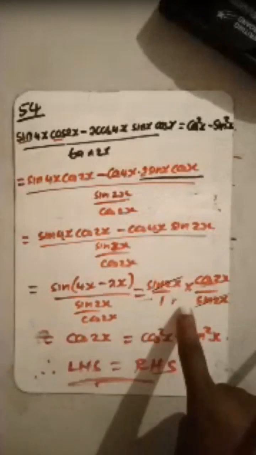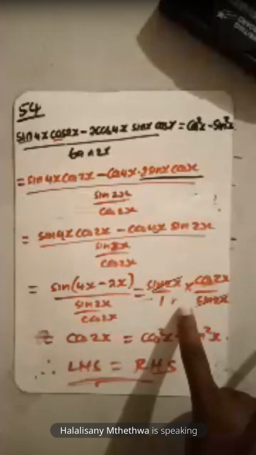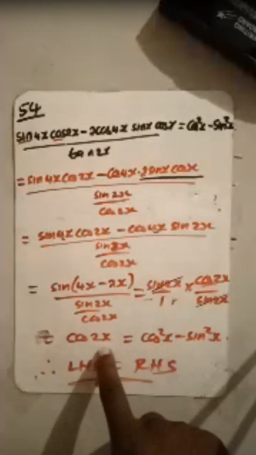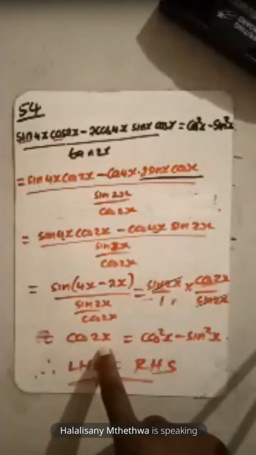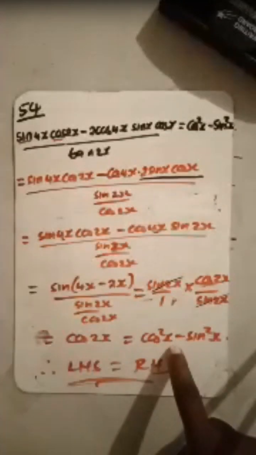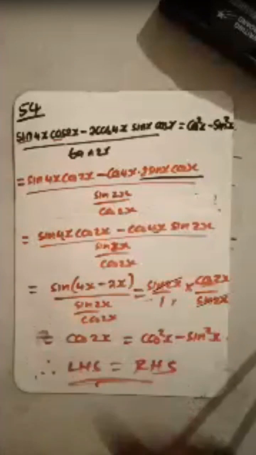Or that one? Yes. Where does the cos 2x come from? This one? Down. Yes. Where does it come from? Because you wrote sine 4x minus 2x. This one. All right. So, yes.